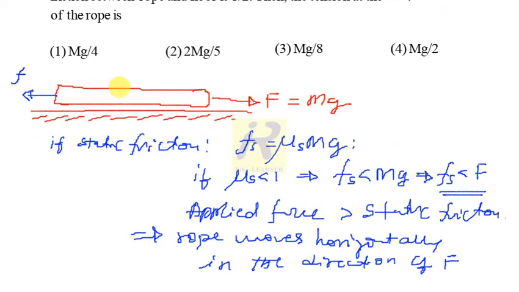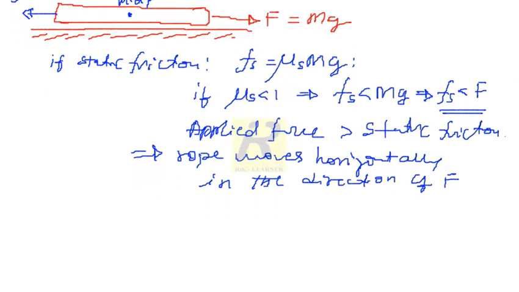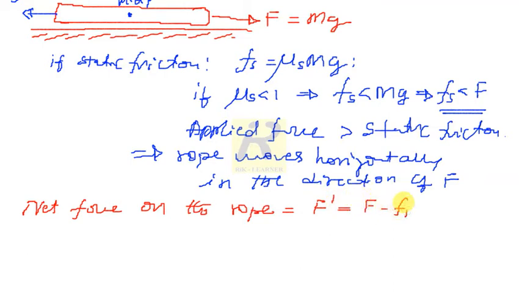Further, I have to find the tension at the midpoint of the rope. At that point, what should be the tension? In this circumstance, I find the net force on the rope, say it is F dash, which is F minus Fk, where Fk is the kinetic friction.